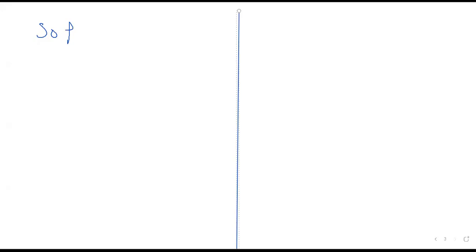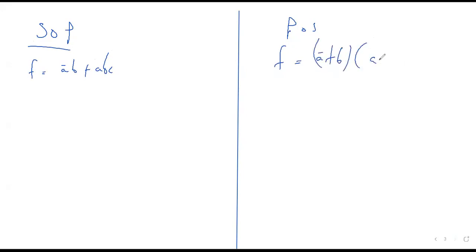Okay. So we have SOP here, we have POS here. An example I just gave: AB plus ABC, and A bar plus B, A plus B plus C. I don't think these two functions are the same, even if they have similar variables.